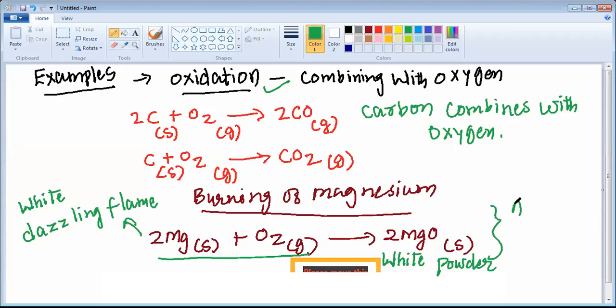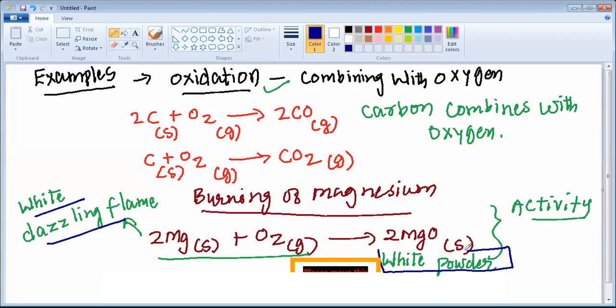We have already done this activity, so you will watch this activity of burning of magnesium. Please remember that when magnesium burns in the air, it burns with a white dazzling flame and it produces a white powder. And this white powder is actually magnesium oxide.